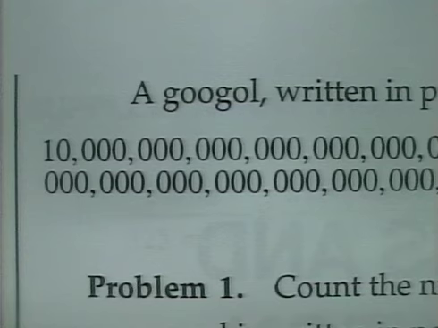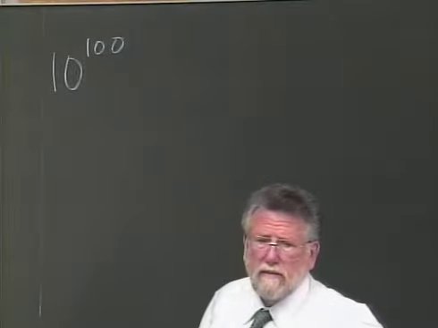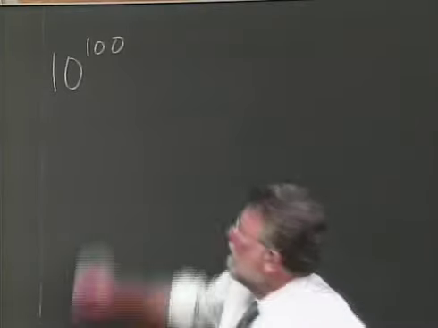So with 100 zeros, we know how we can write that as a power of 10. This would be a 10 to the 100th power. And that is how we would write a Google in this notation. Powers of 10, known as a Google.